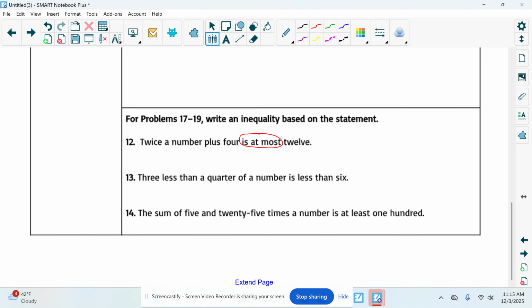If you didn't know, you could look back at page 2 of your notes. So how do I write this half? How do I write twice? 2 times whatever variable, right? 2 times whatever number you want. Plus 4. So 2x plus 4.